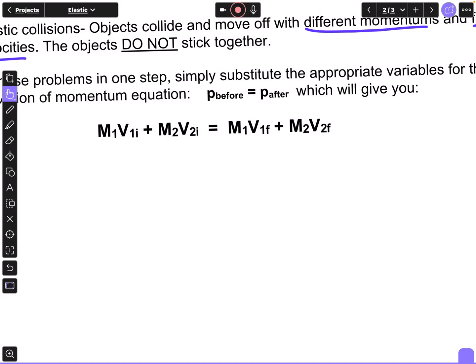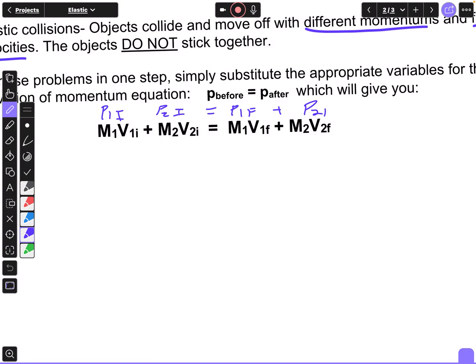But if we have the initial momentum P1 of the first object, plus the initial momentum of the second object, it equals the final momentum of the first object plus the final momentum of the second object.